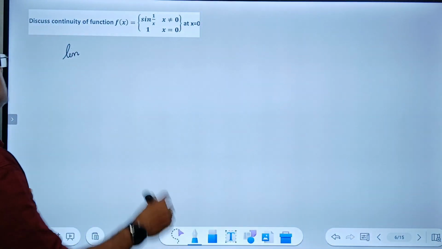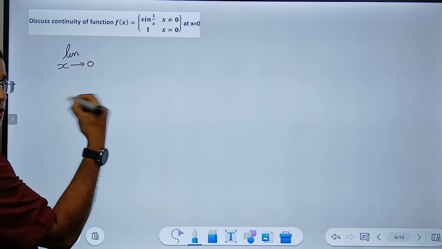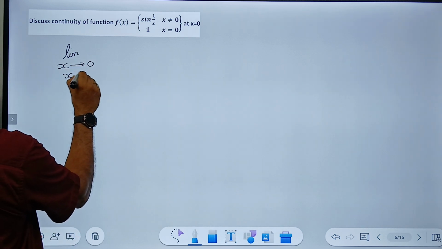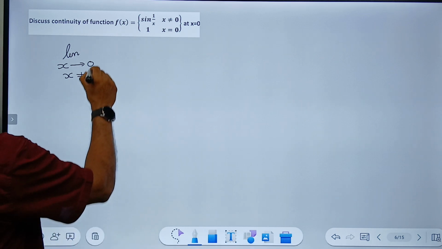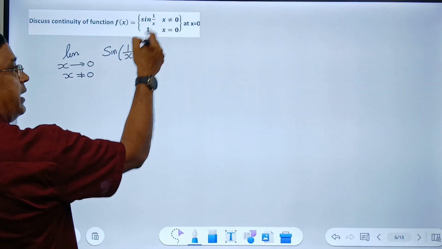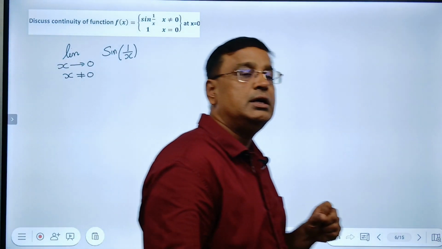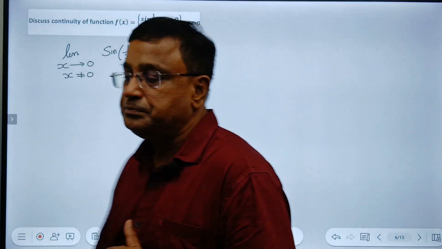Okay. So then how do I evaluate this limit? So limit x approaches 0. Since x approaches 0, x is definitely not equal to 0. Since x is not equal to 0, my function will be sine of 1 by x. Okay. Now what happens here?